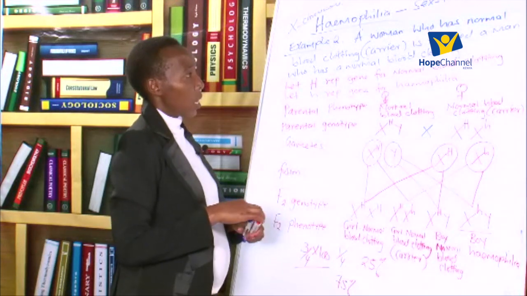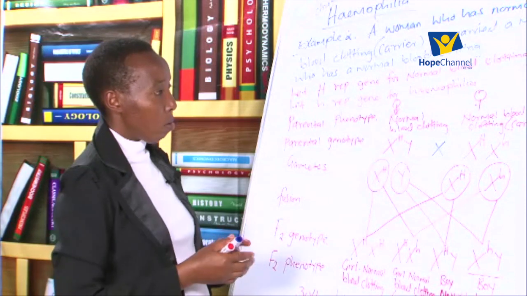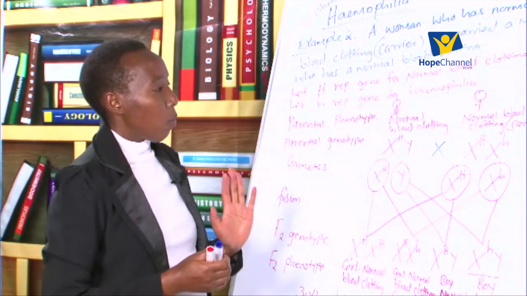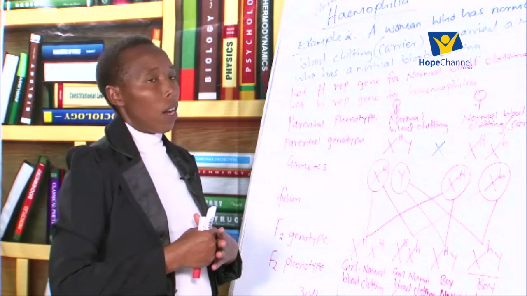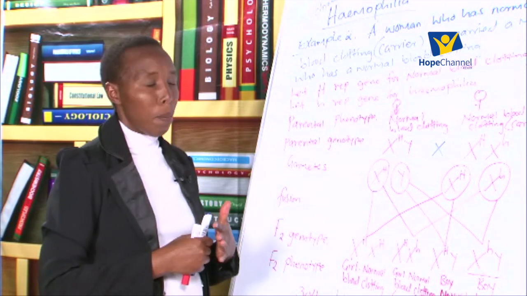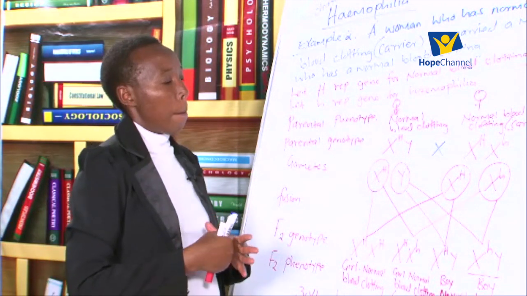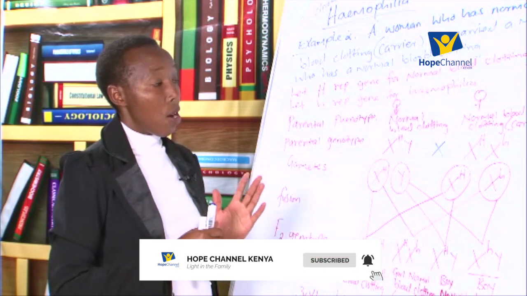In this case, I want to give you a question so that you can try it as you follow up with me. Now, we have a man who is having the condition for hemophilia. So the man is hemophilic, but the female is normal.